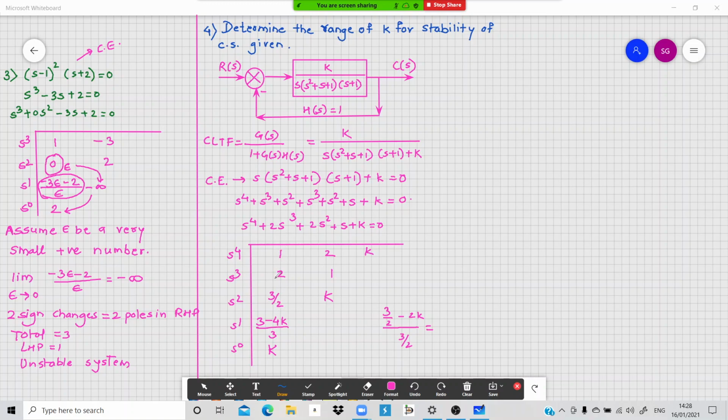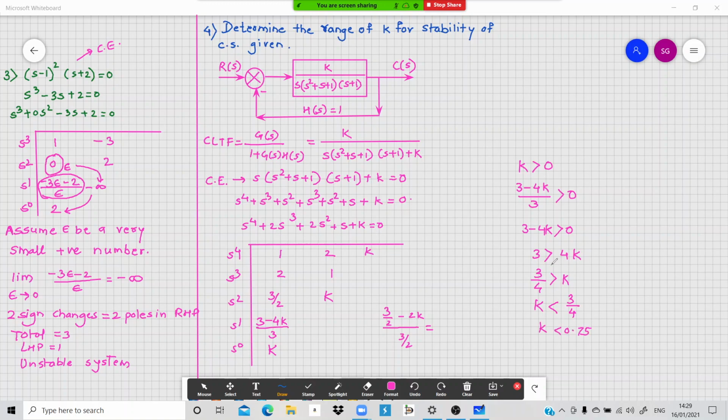Now what do we want? You want the system to be stable. These values which are in the first column should be greater than 0. So K should be greater than 0, and 3 minus 4K upon 3 should be greater than 0. That means 3 minus 4K should be greater than 0. 3 greater than 4K, 3 by 4 greater than K, or I can say K less than 3 by 4, or K less than 0.75.